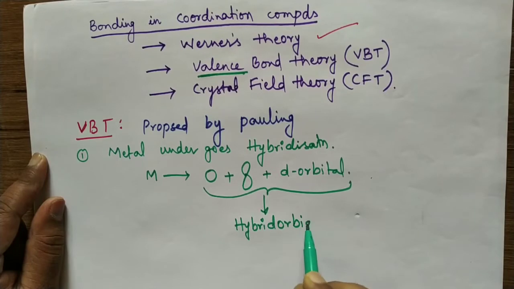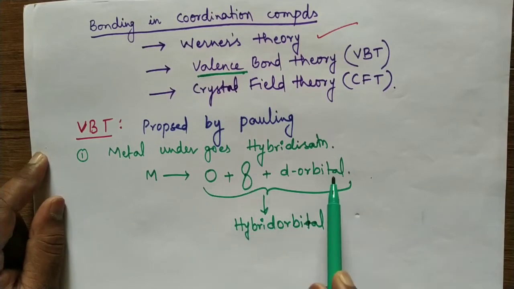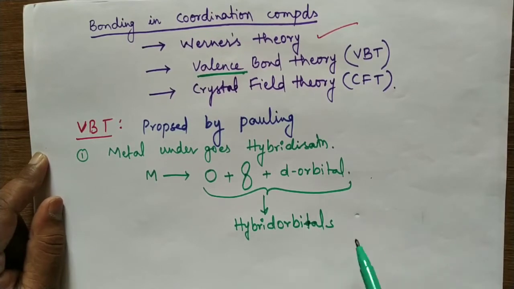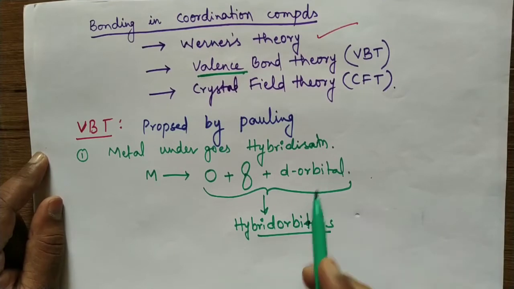What is the difference between normal orbitals and hybrid orbitals? Normal orbitals have different shapes and different energies, but hybrid orbitals have the same shape and the same energy.